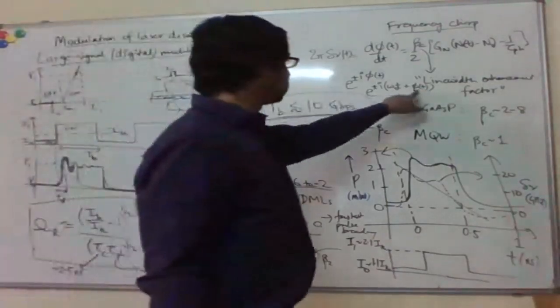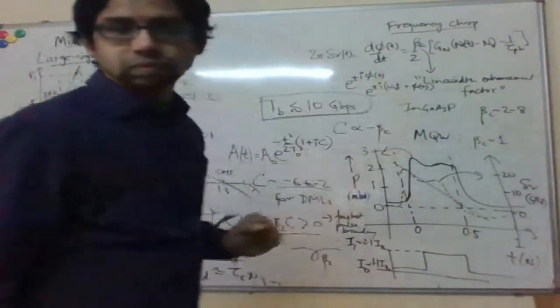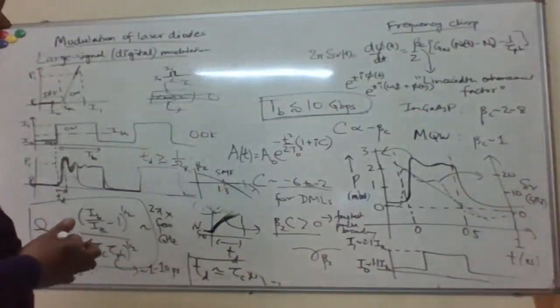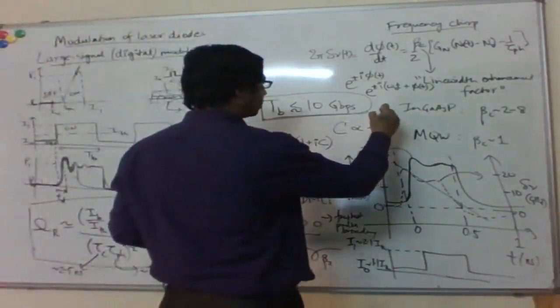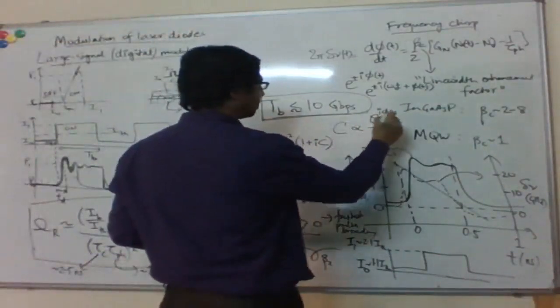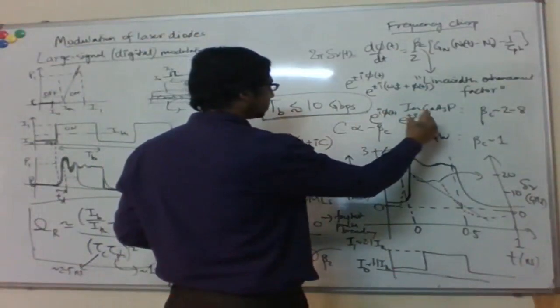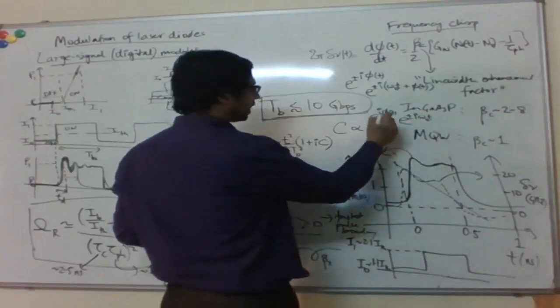This phi of t is included with the omega naught t. If we wrote the phi always with a positive sign, then it matters whether I take plus or minus omega naught t here, and accordingly I have to take the positive or negative derivative.